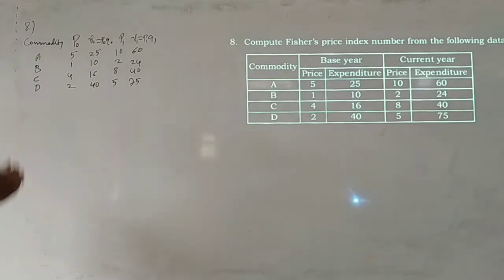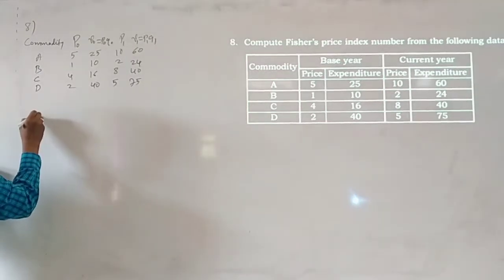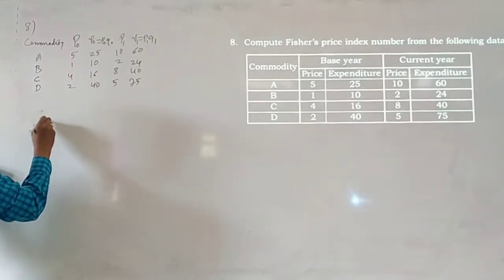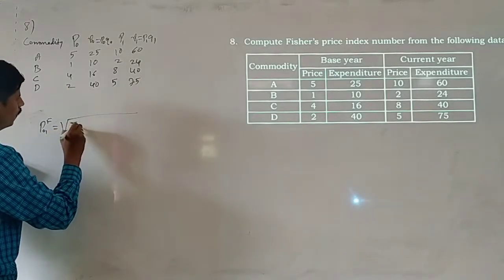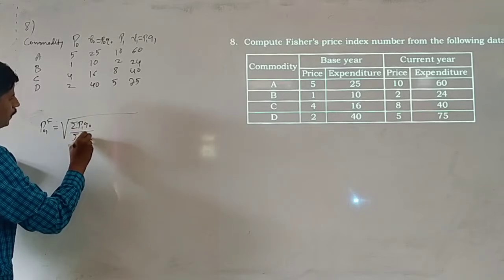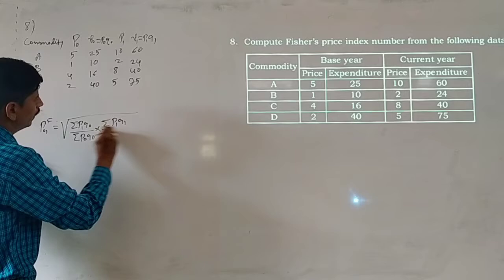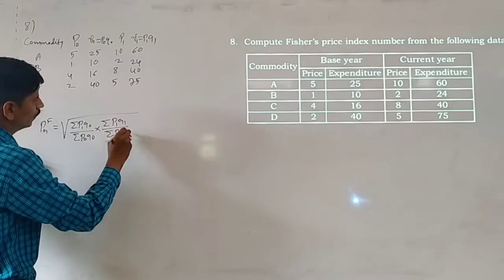Okay, here you have to apply Fisher's index number formula, that is P01 F equal to under root of sum of P1 Q0 divided by sum of P0 Q0, into sum of P1 Q1 divided by sum of P0 Q1, into 100.